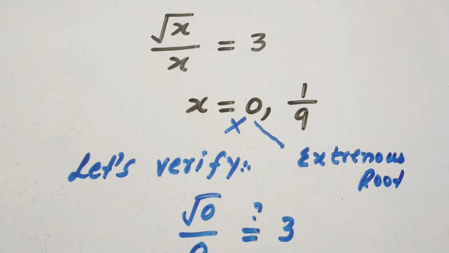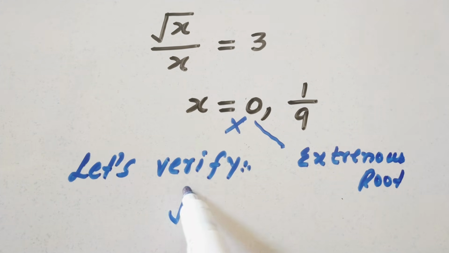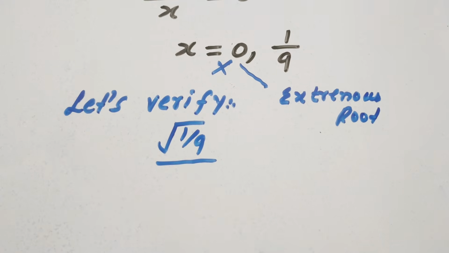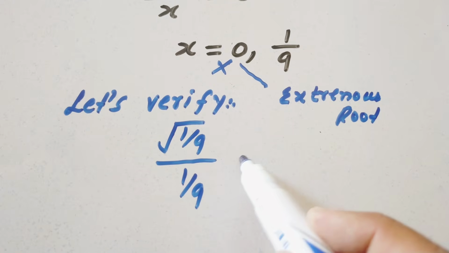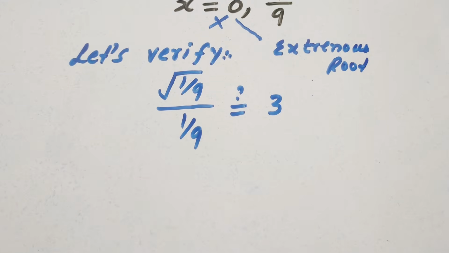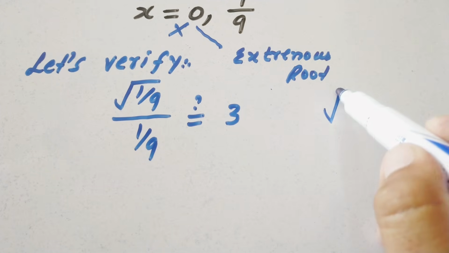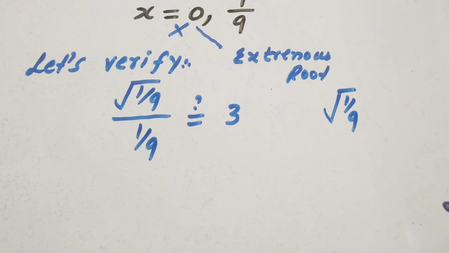Now we will check whether x is equal to 1 by 9 is valid or invalid. By putting the value of x as 1 by 9 here, square root of 1 by 9 divided by x, which is 1 by 9, whether it is equal or not equal to 3. We can write this as square root of 1 divided by 9.